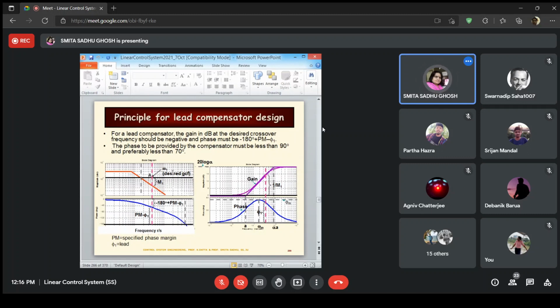So let us say that after compensation, we want the compensated system to have the gain crossover frequency at omega 1, this one. Okay, so this is the desired gain crossover frequency. If a phase margin is specified, where do I actually look for the phase margin? I will look for it at the gain crossover frequency.